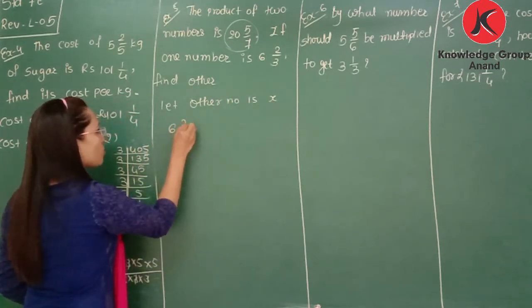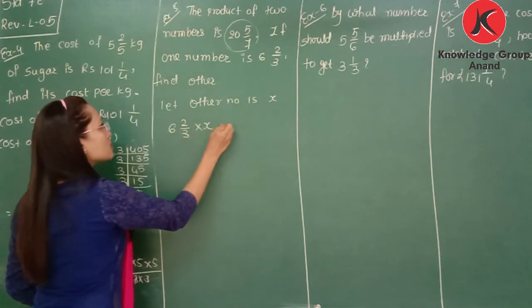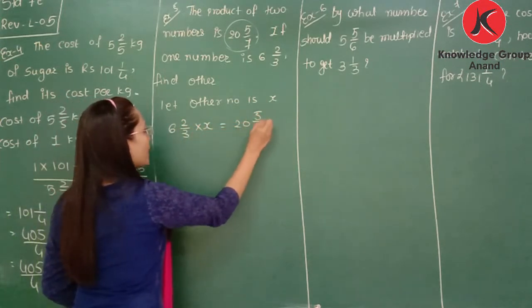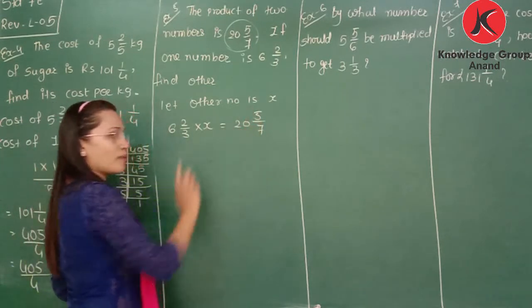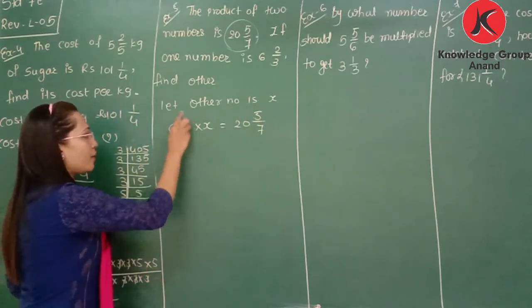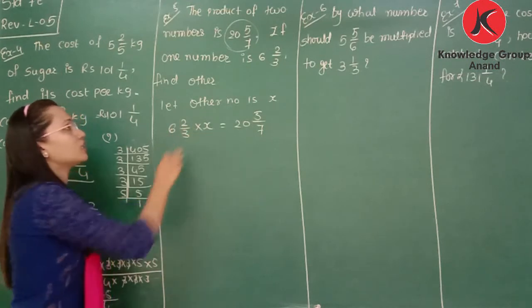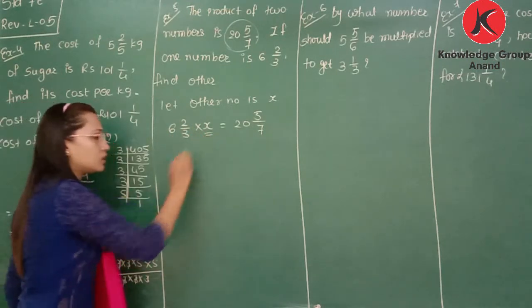So 6 2 by 3 multiply x is equal to 25 by 7. Now what is the question? The product of two numbers is 25 by 7 and if one number is 6 2 by 3, find the other number. So here we need to find this other number.